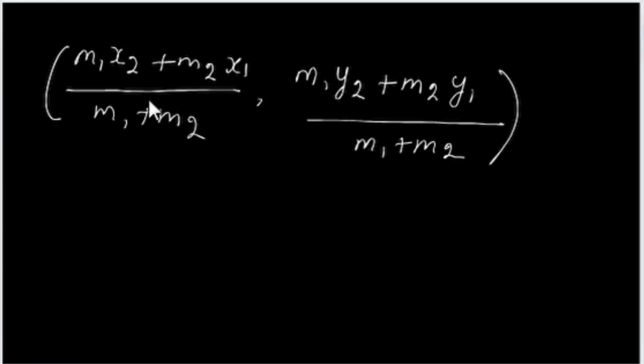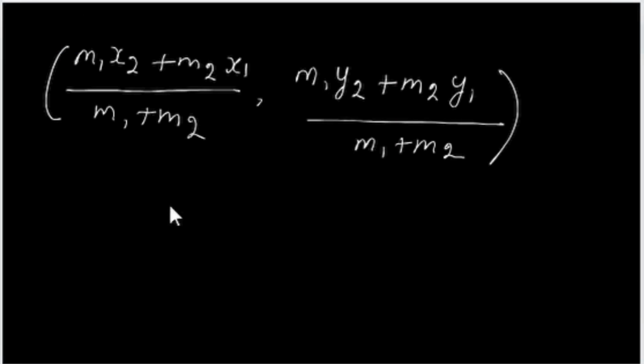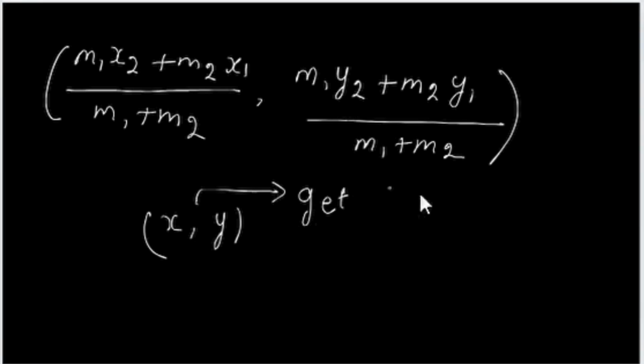If you substitute these values, you will get the point x, y which has divided the line.